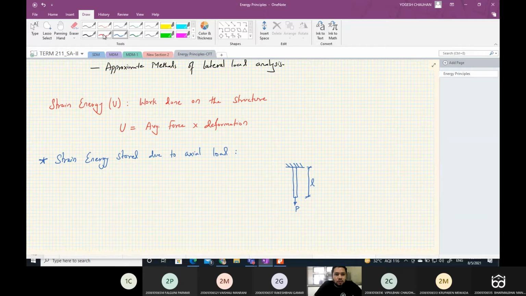Okay. So under the application of the load, this bar will deform by some amount. Let this be delta L. So this extension is given by delta L is equals to PL by AE. Okay.